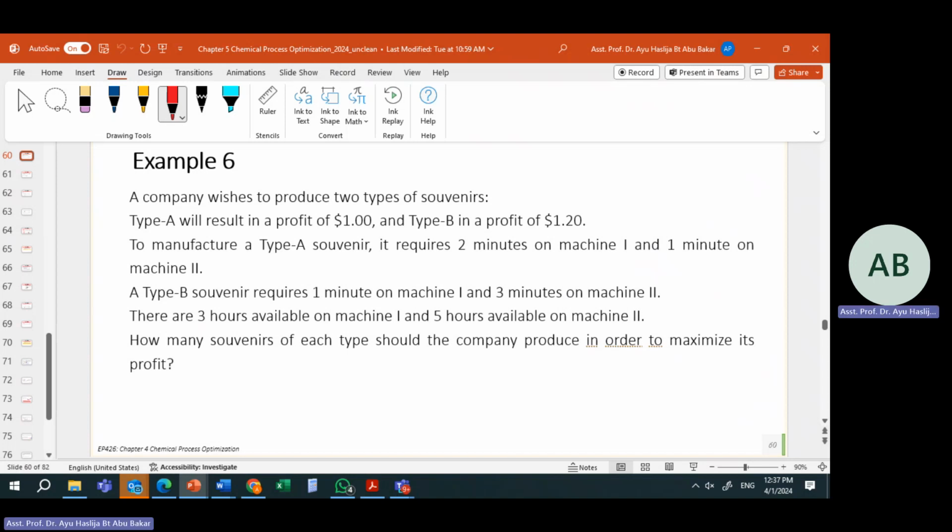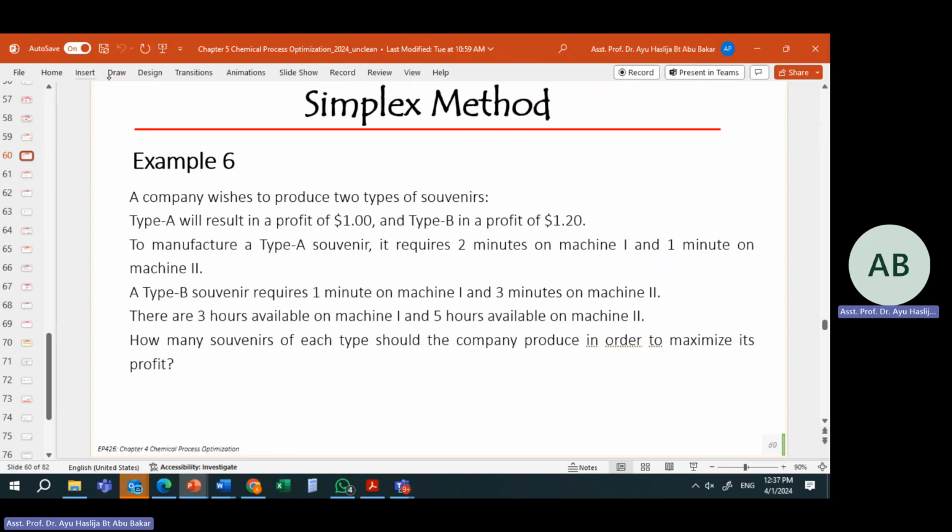We discussed example 6. Example 7, please go through on your own. It's just similar steps. Now, for example 6, a company wishes to produce 2 types of souvenirs.